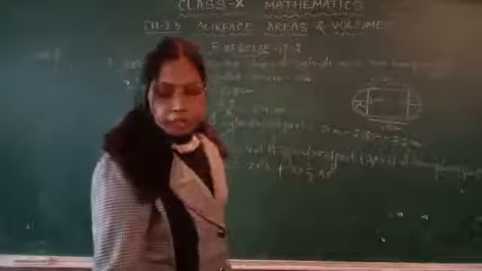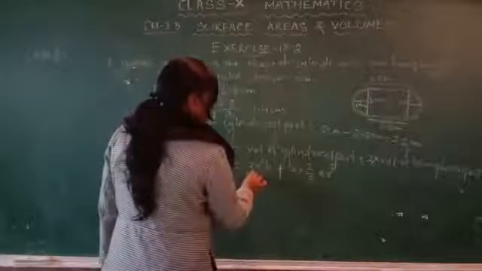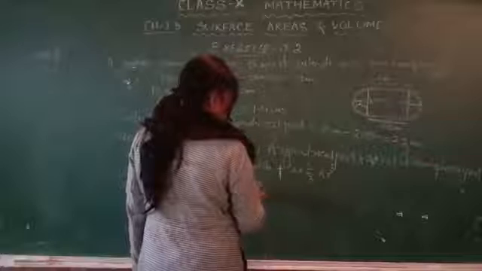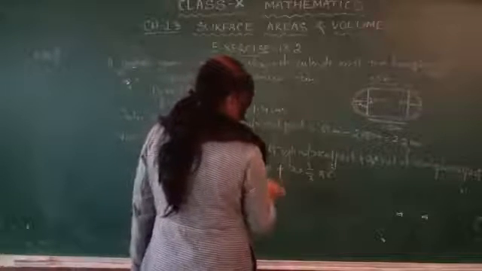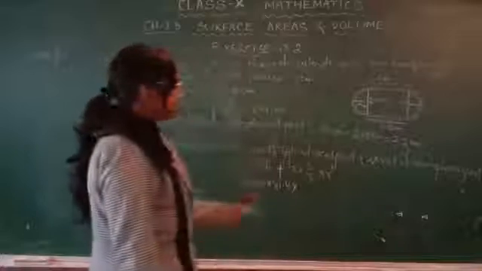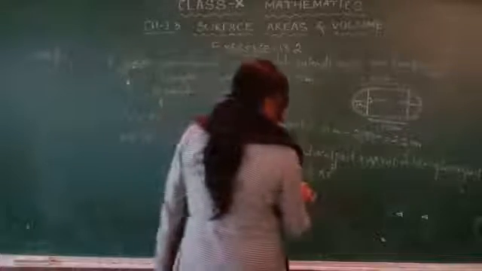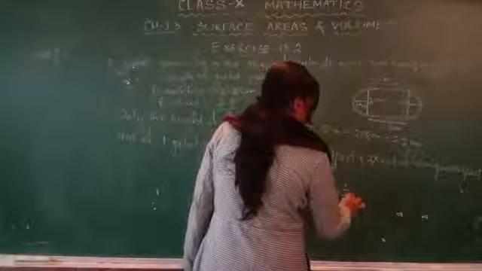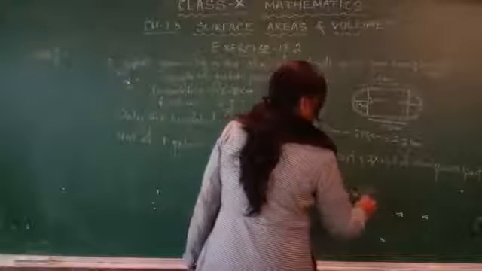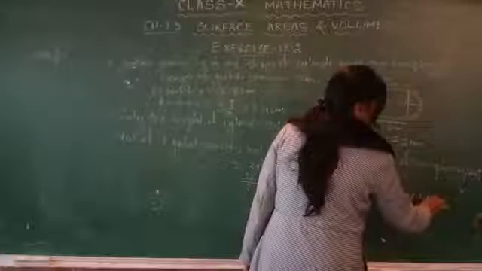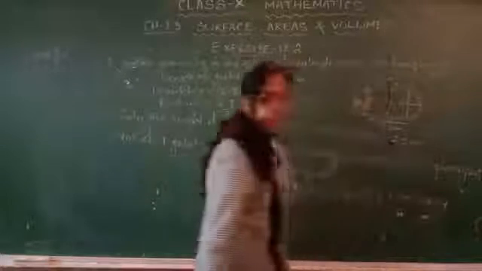So here pi r square h, pi is given, that is 22 upon 7 into r is 1.4 into 1.4 into h is equal to 2.2, plus 2 into 2 upon 3 into 22 upon 7, r is 1.4 into 1.4 into 1.4.